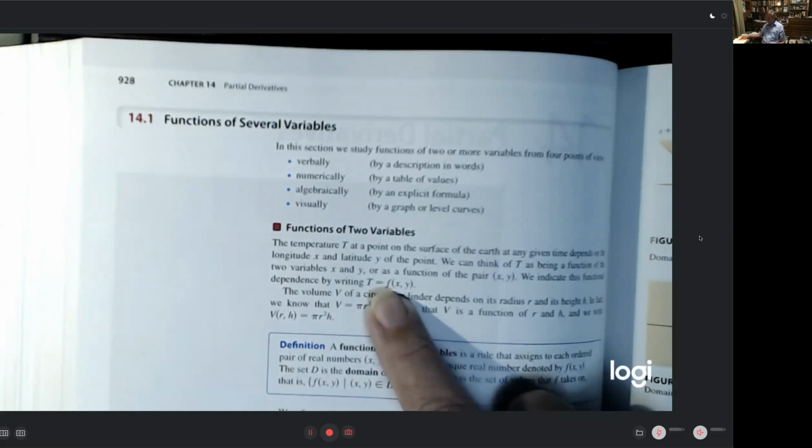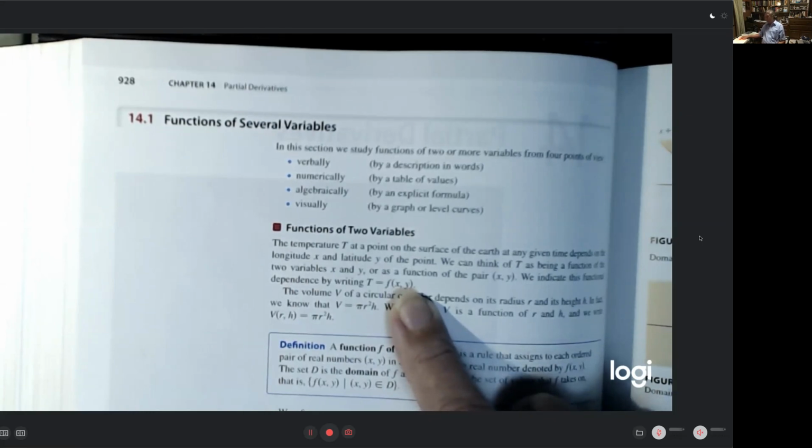So his t is like what I would write as z. So if you had a formula, you might have x squared plus y squared. That would be the right-hand side. If I set t equal to x squared plus y squared, that's an equation, three variables, but we have one variable solved for the other two. So we call that a function of two variables, or we make a function of two variables from the equation.